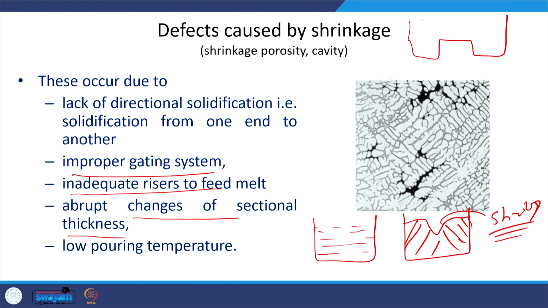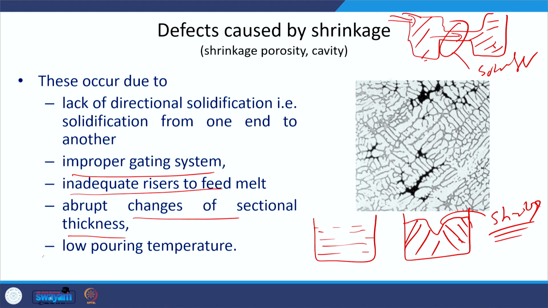So, if we are feeding the molten metal from here, it will fill here, then pass through this zone, and then this zone will be filled. But if this section, where the thickness is less, gets solidified first, then it will block the supply of the molten metal to the other areas, and that can lead to a lack of supply of molten metal in other sections, leading to defects like misrun.